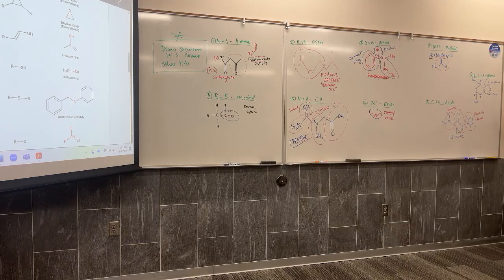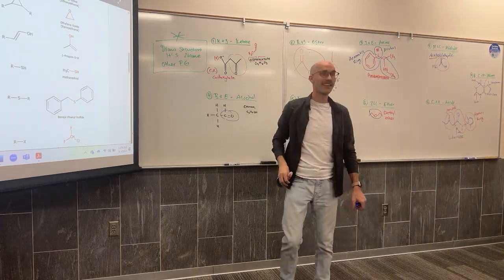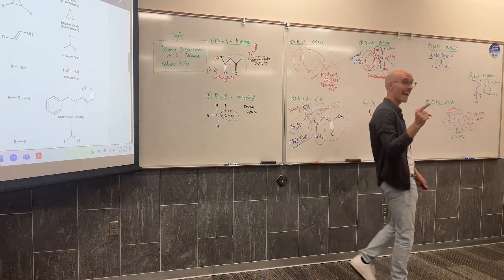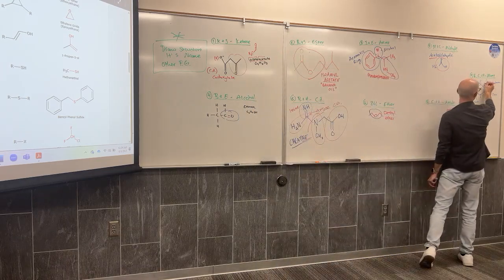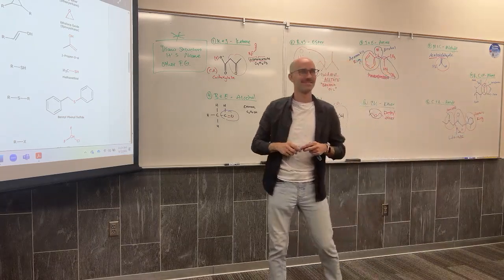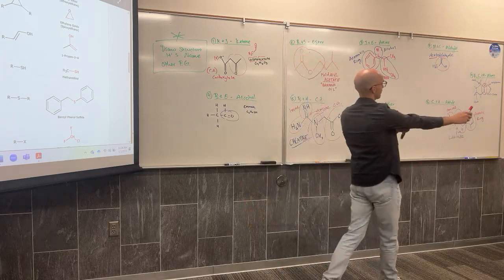All right, we've got Rowan, Cordelia, and Hallie. You guys chose caffeine. And you chose it for the alkene, but what other functional groups did you find? A couple of amides.